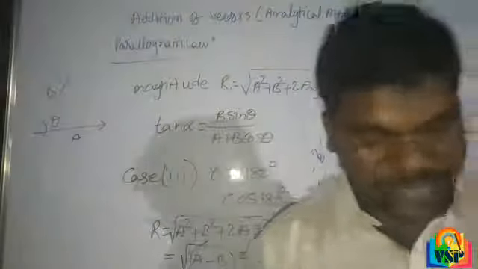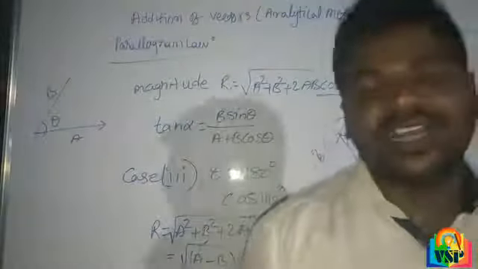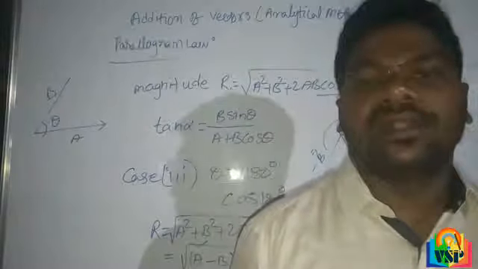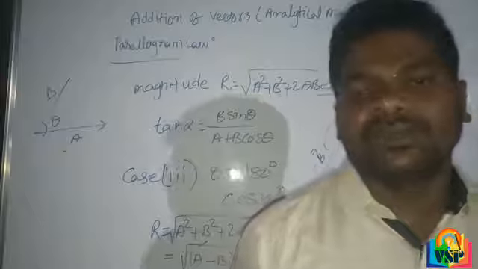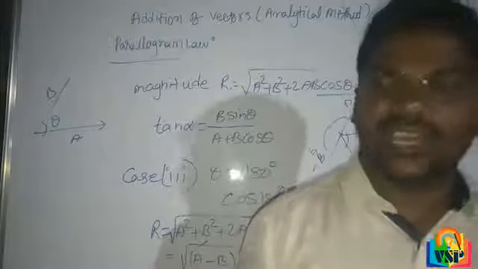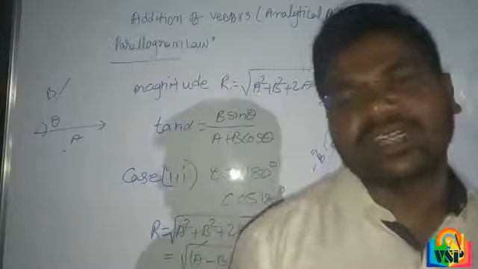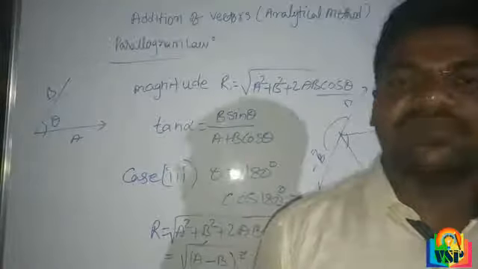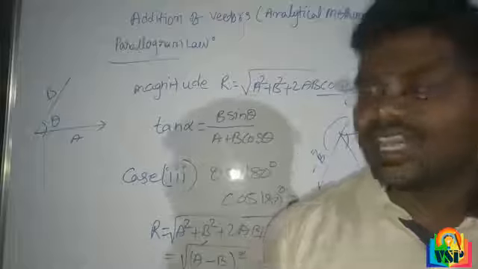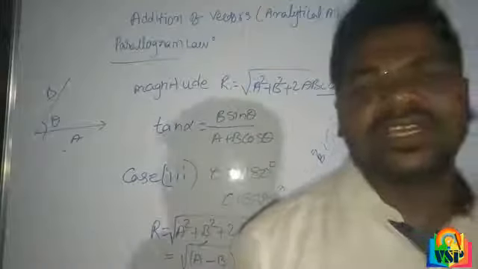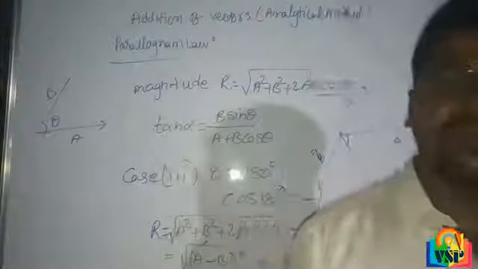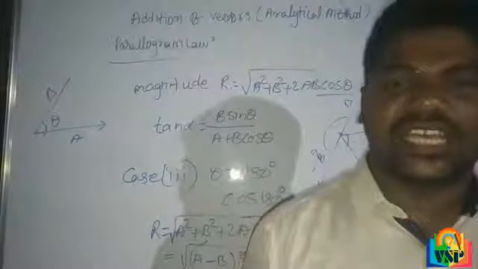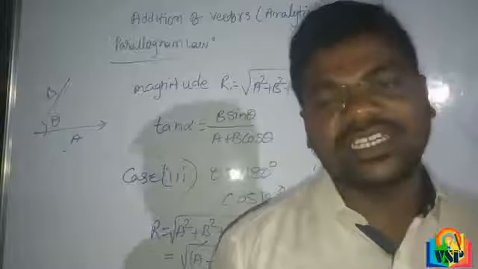So my dear children, this is a very, very important derivation. You can practice this derivation more than one time and you will understand easily. We can apply it everywhere, based on the Pythagoras theorem, a plus b whole square, and the trigonometric identity sin square theta plus cos square theta is equal to 1.